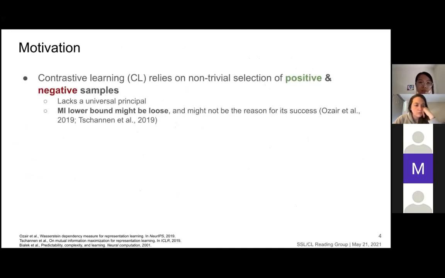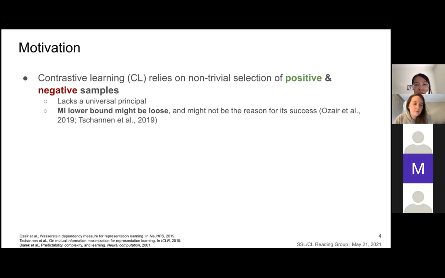However, frameworks like CPC rely on non-trivial selection of positive and negative samples, so there actually lacks a universal principle. Let's think about all the computer vision contrastive learning frameworks we have seen so far. Most of them rely on augmenting the input images and sampling them as positive or negative samples.